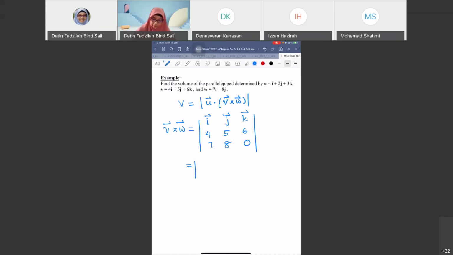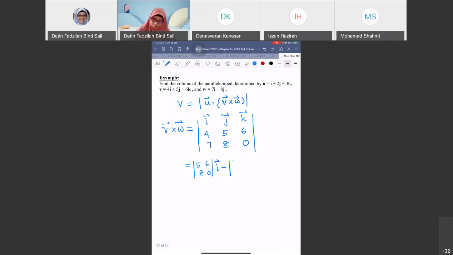For I, you cover the column I, so it will be 5, 6, 8, 0. This is positive I. Minus, then you cover your J column, 4, 6, 7, 0, J. And then plus for K, you cover the last column, so it will be 4, 5, 7, 8, K.